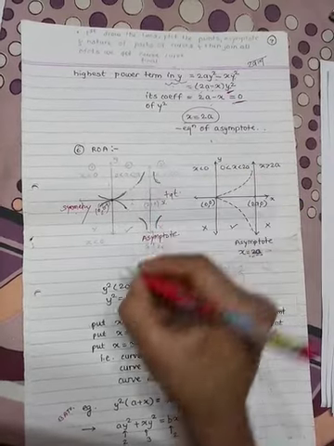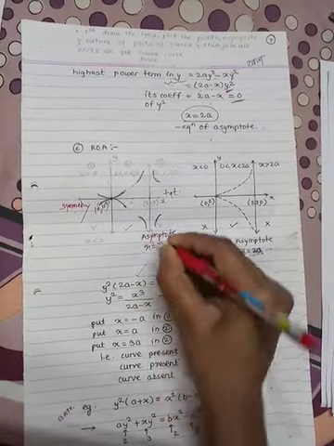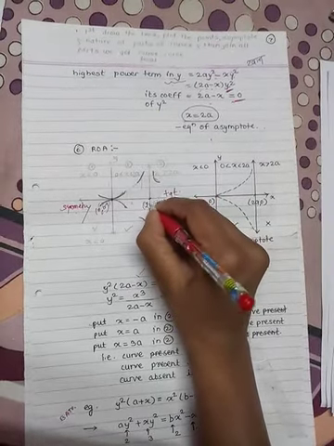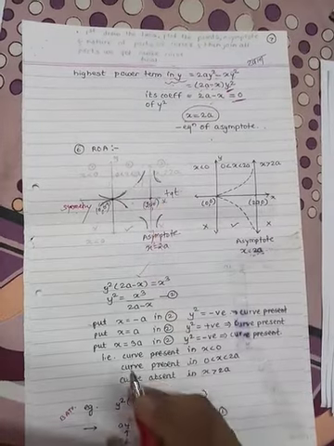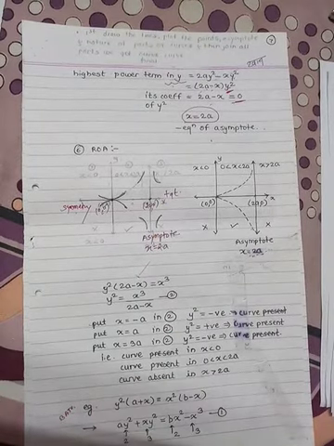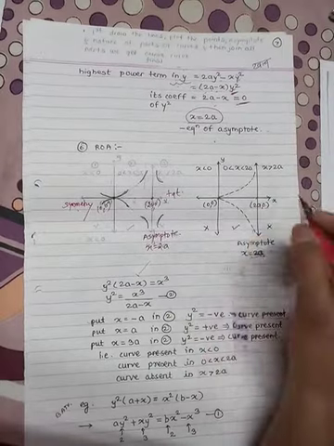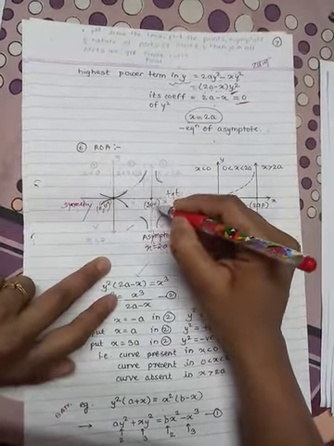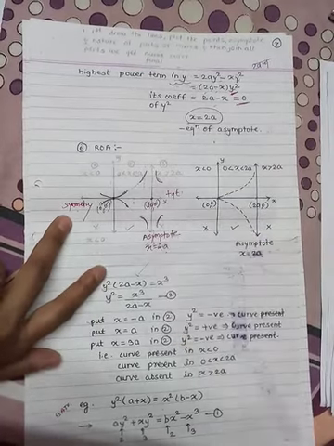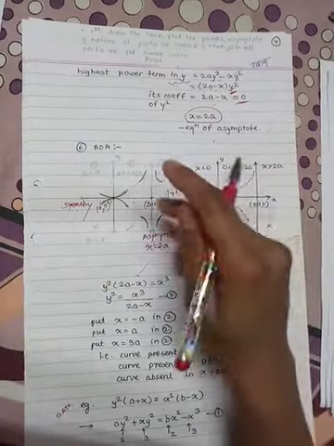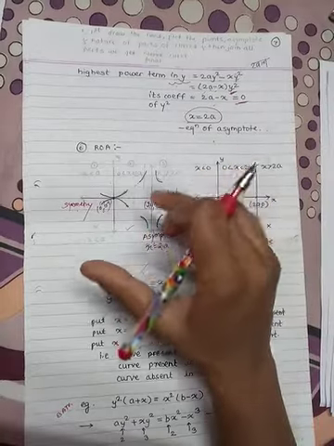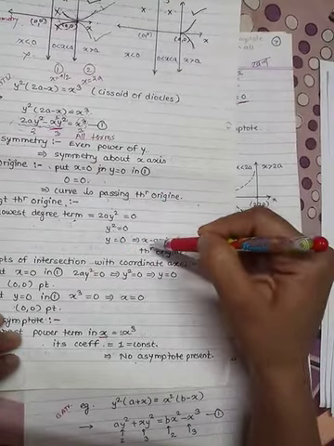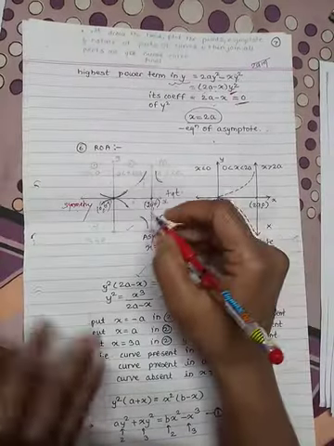So this equation, that is x equal to 2a, is your straight line which is parallel to the axis passing through the point 2a, 0. So here this is your asymptote, parallel to the axis passing through the point 2a, 0, that is the x equal to 2a straight line. Now how to draw the parts of that curve. So here x-axis is the tangent at the origin.